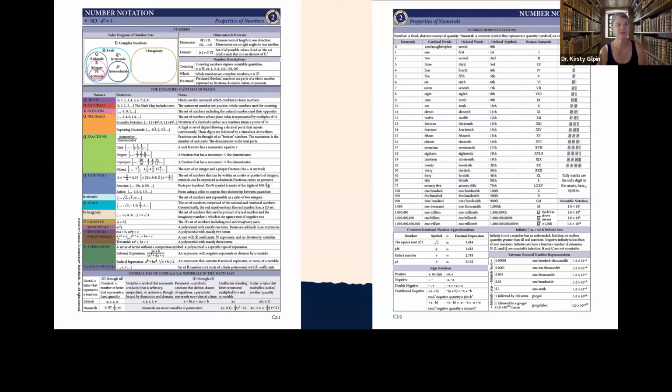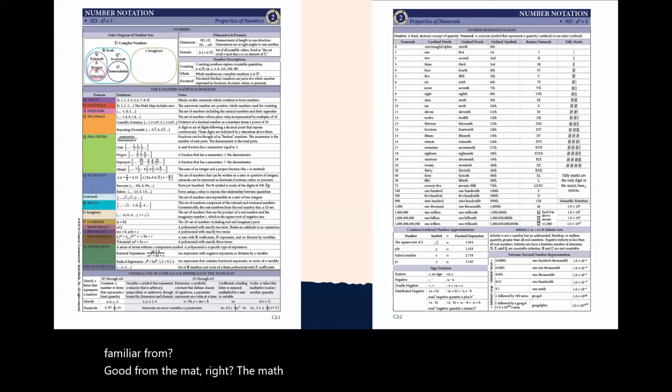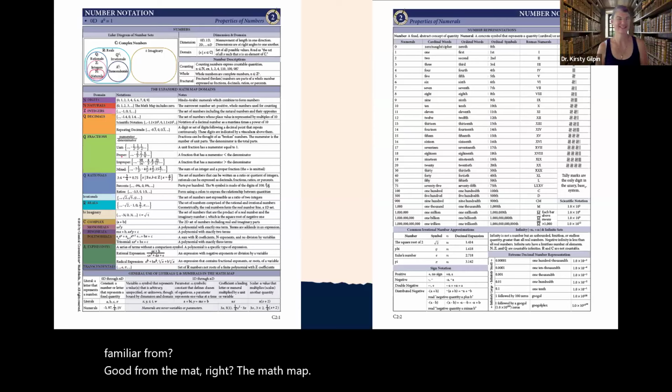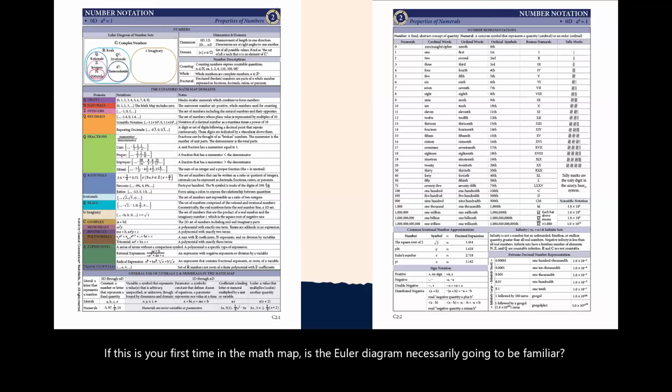Where are those colors of the expanded math map domains from? On the math map front page, and on every booklet along the top of the math map page. If this is your first time in the math map, is the Euler diagram necessarily going to be familiar? No, it wasn't familiar to me.